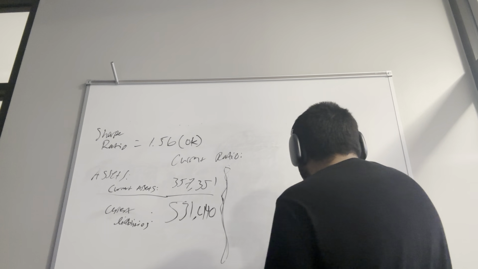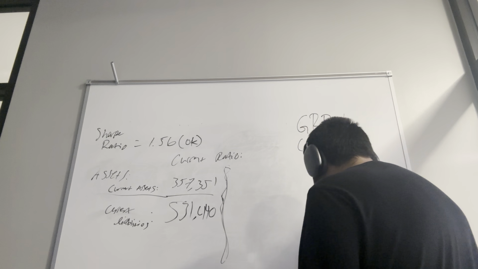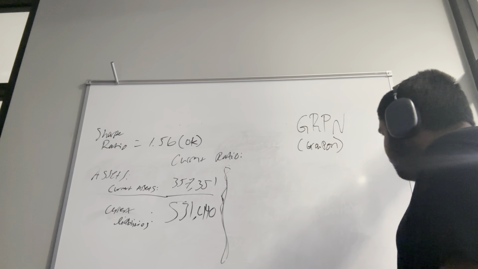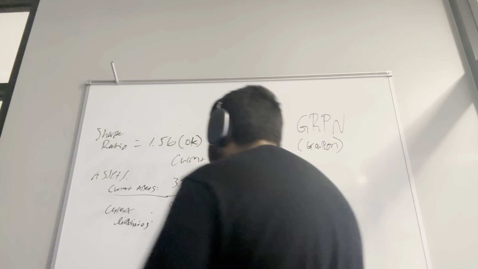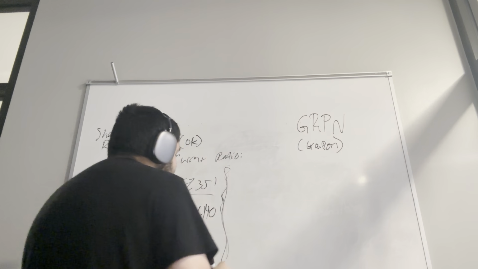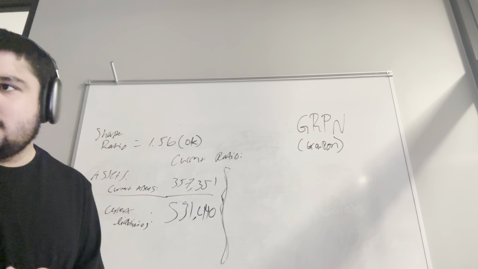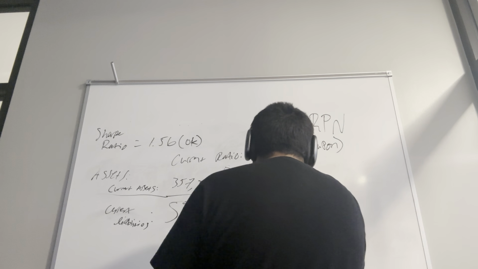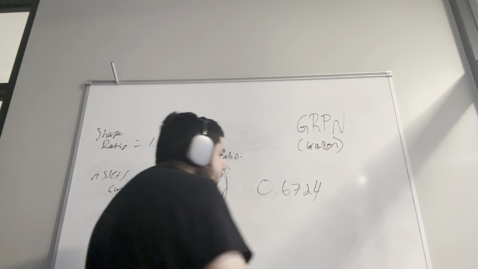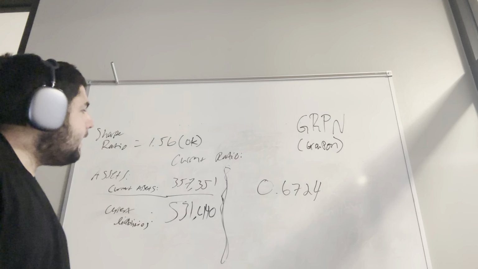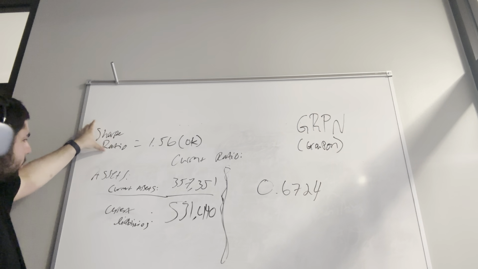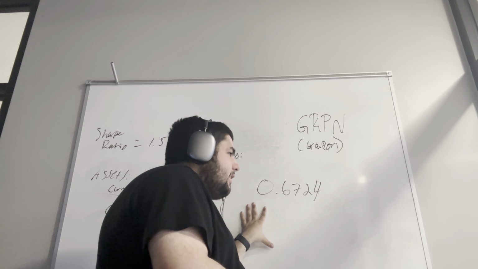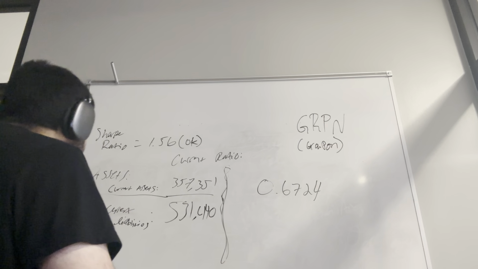Let's get rid of every little mark. Okay, so this computes a current ratio of 0.6724. So we had an okay Sharpe ratio, but we have a bad current ratio.